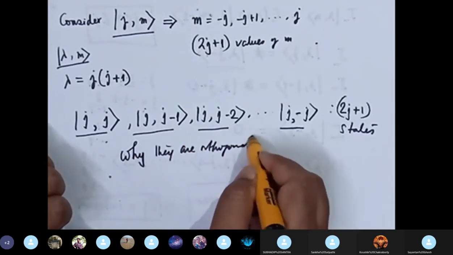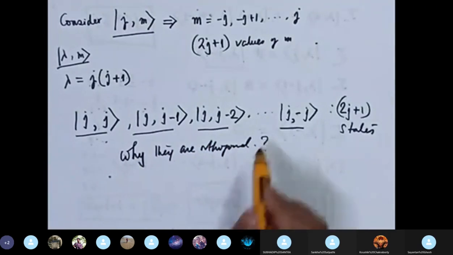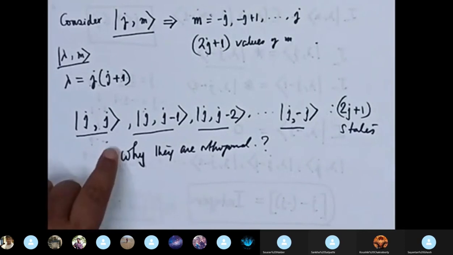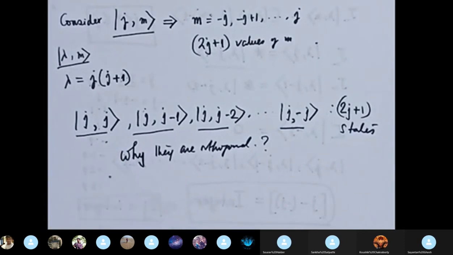This is the basis of construction of higher dimensional representations of SU2. Why are these states orthogonal? Because they are eigenstates of J3, and J3 is a Hermitian operator. They are also eigenstates of, just a minute.